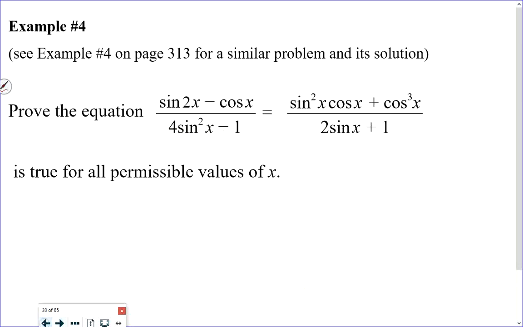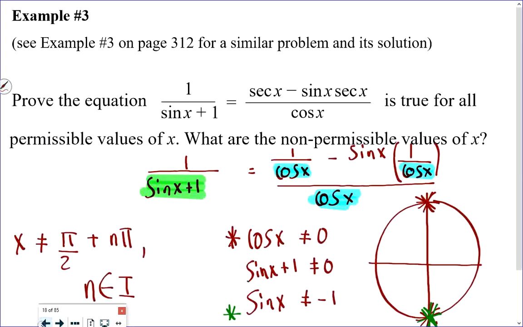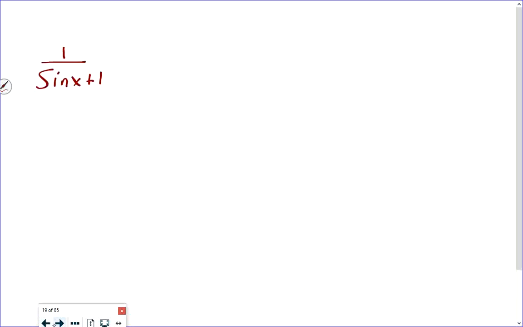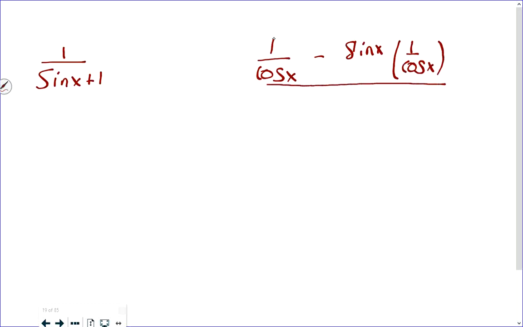Whoops. 1 over cos minus sine over cos. Over what, Allie? Cos x. Over cos x. And I said we're not proving it just yet. In retrospect, I could have just written that and said, let's do our non-permissible values and then we'll get into the proof. So I have the left side and the right side. I don't think you have to write left side, right side, but I'm going to.